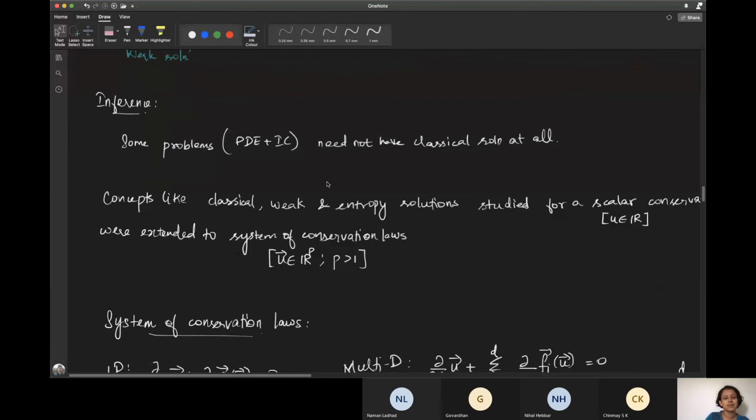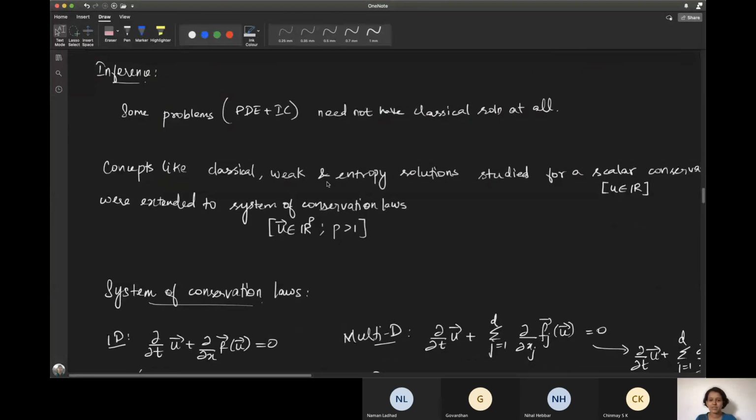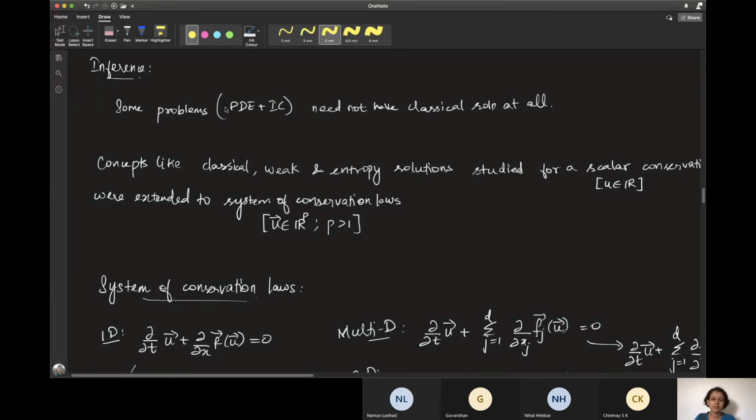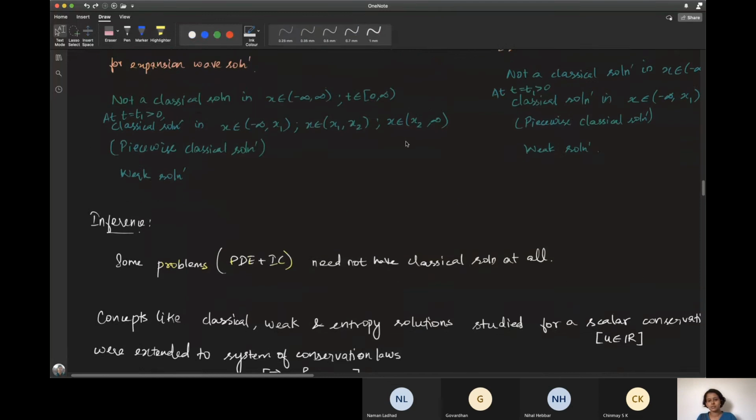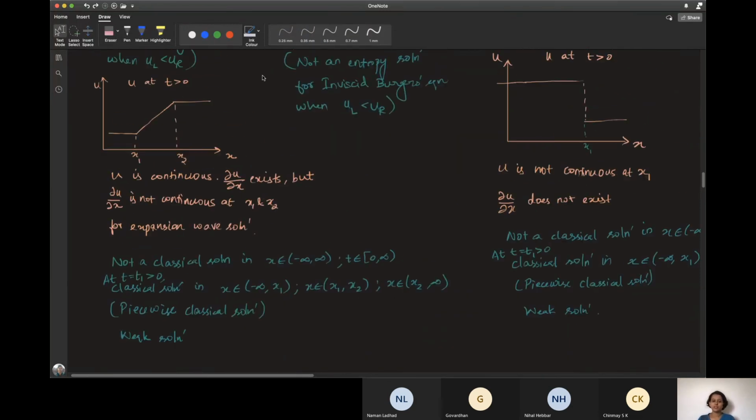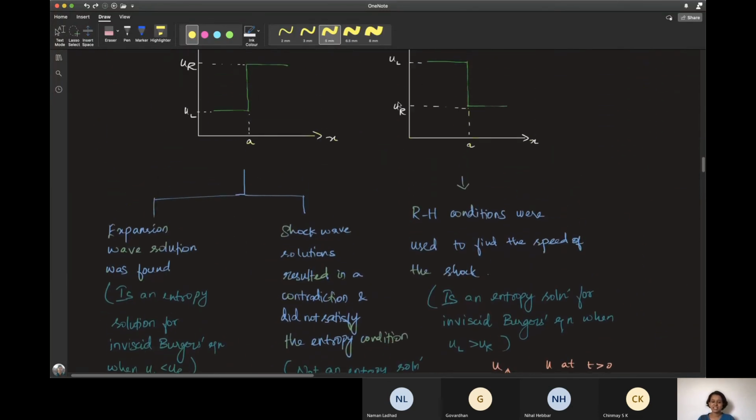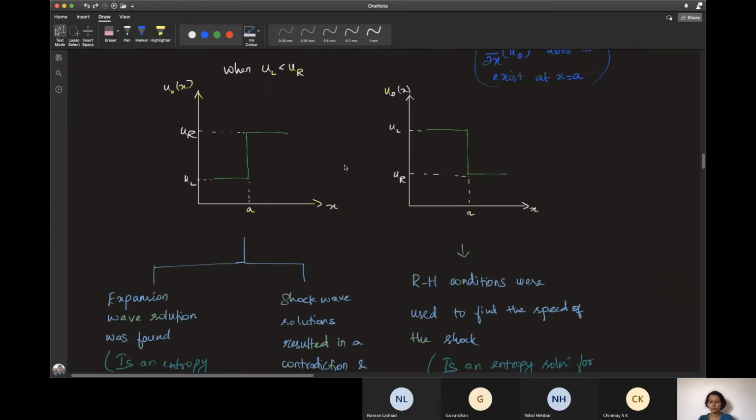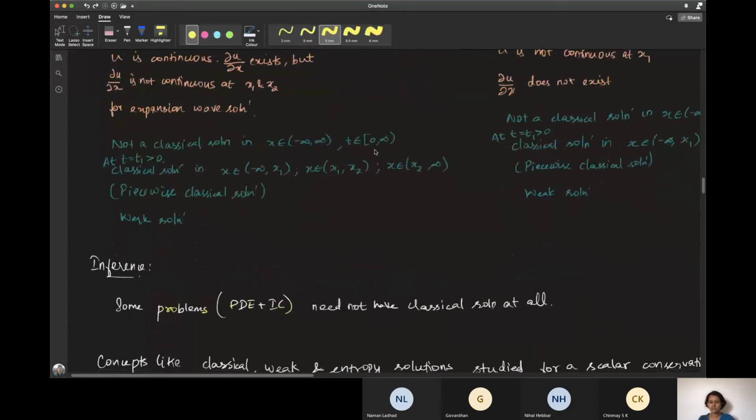So this is some inference from whatever we have seen. Your problem is a combination of both PDE and initial condition. Some problems need not have a classical solution at all, because even when your initial condition itself is discontinuous, you will move only towards weak solutions.